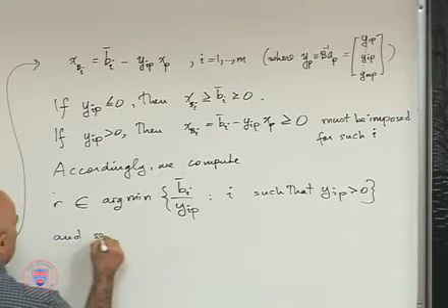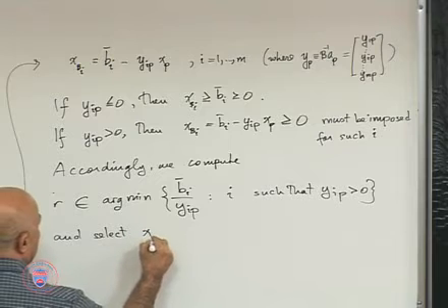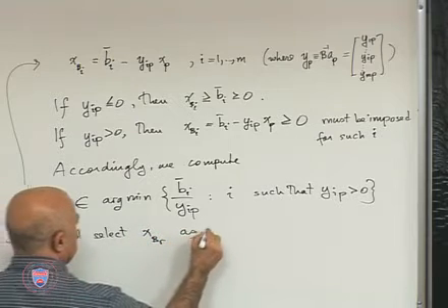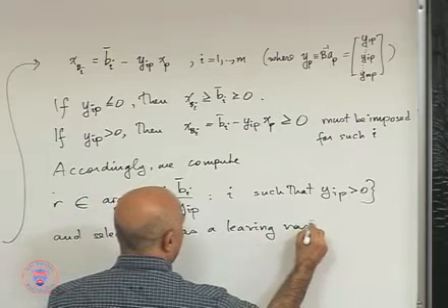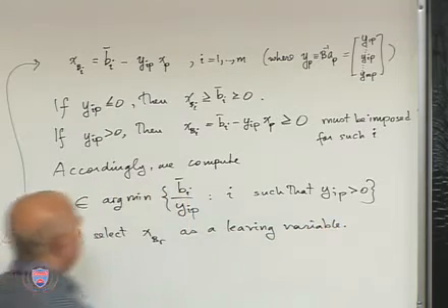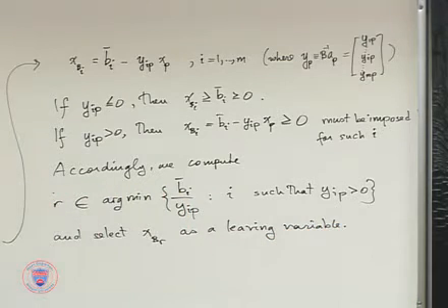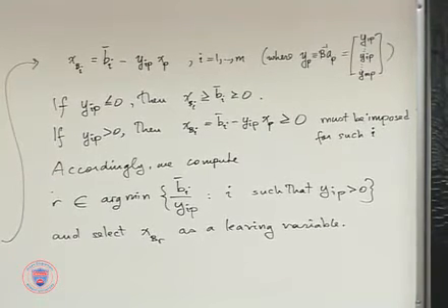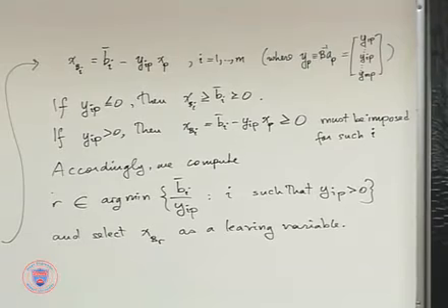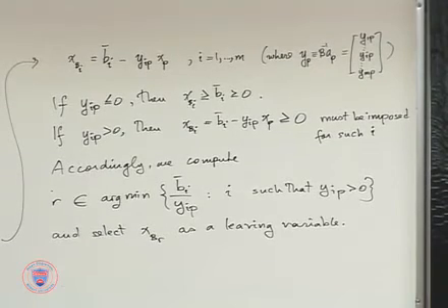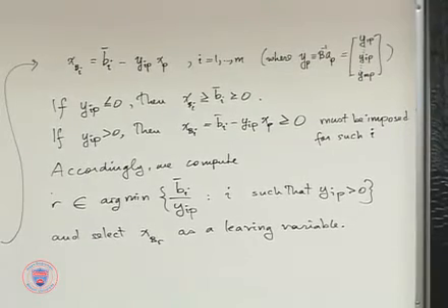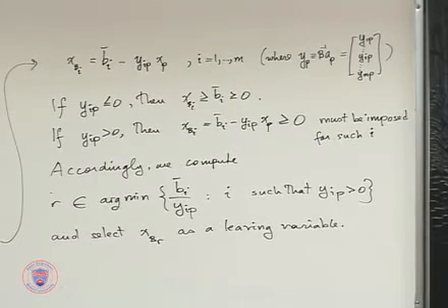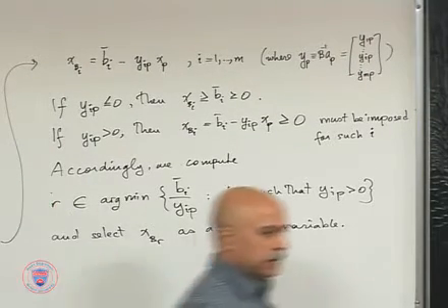And select x_Br as the leaving variable. I think we got to this point, actually. I had to review that because we can't just start in the middle of everything and expect you to really follow all the arguments. So I hope all the arguments are clear until now.